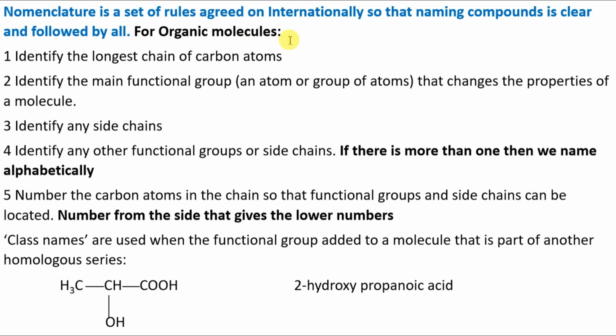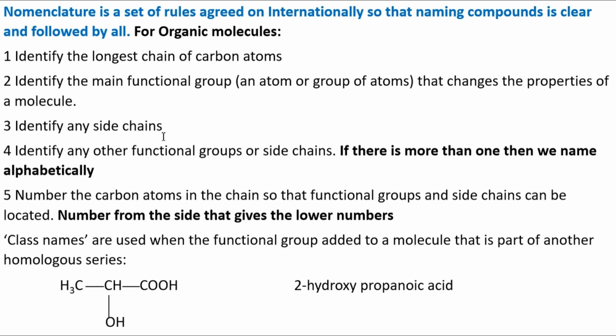For organic molecules, we identify the longest chain of carbon atoms first. Secondly, we identify the main functional group that changes the properties of a molecule. A functional group could be an atom or a group of atoms. Thirdly, I'll identify any side chains.